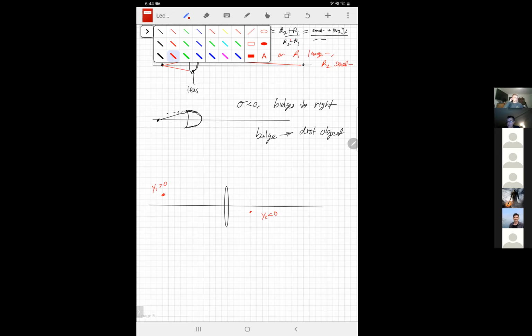Now, if I flip everything, and I don't just flip the object position, but I'll draw some rays, then this ray, maybe the ideal image would have been here.